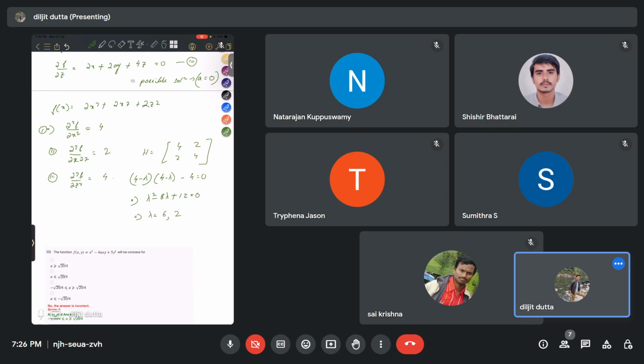The values are 6 and 2. Eigenvalues are positive.